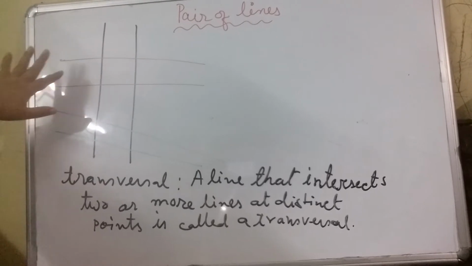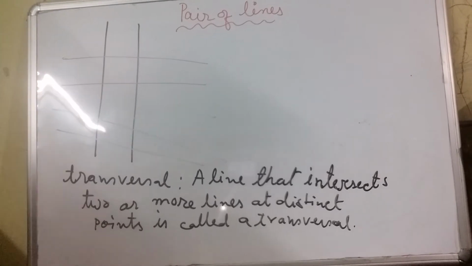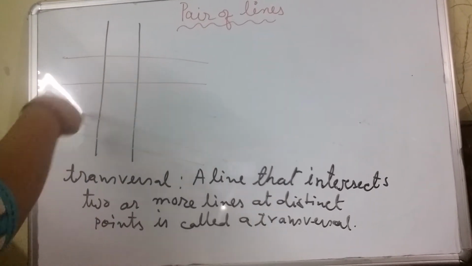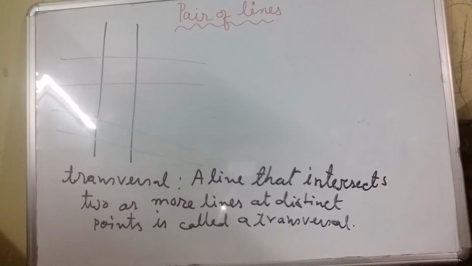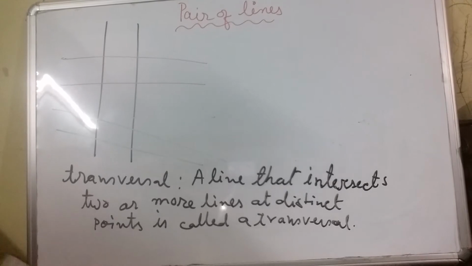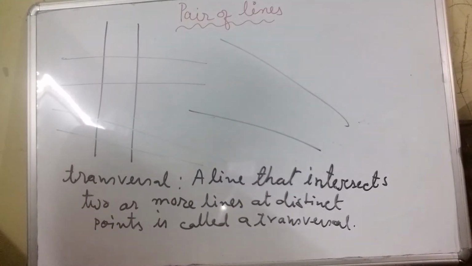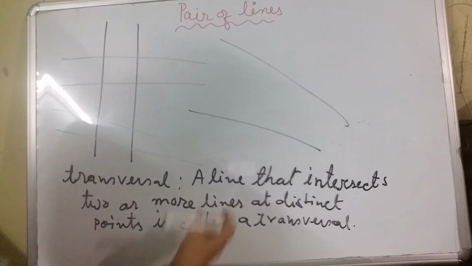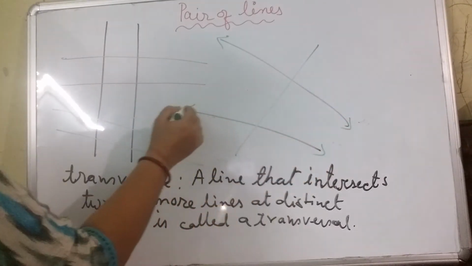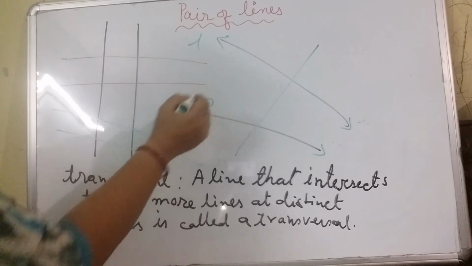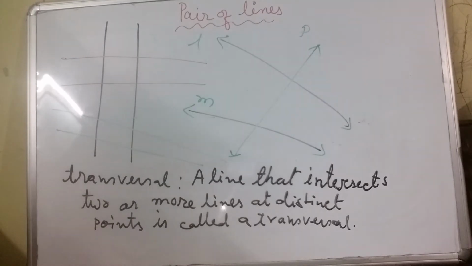You might have seen a road crossing 2 or more roads. Say this is a road and these are the 2 roads that are crossing. Okay. So, or you can see like this. Now, this is line A and this is line B and this is line P. What can you see here?